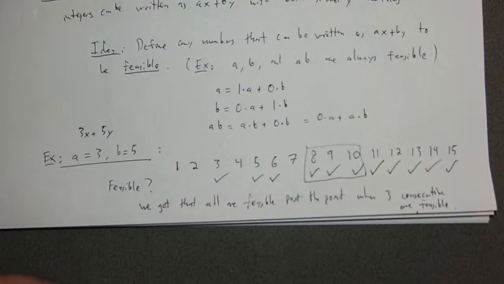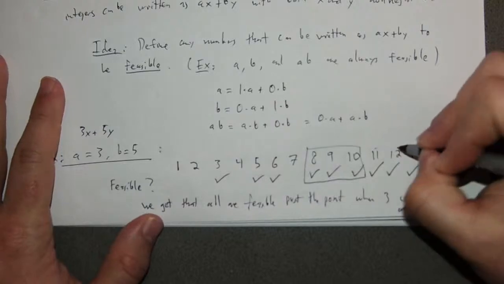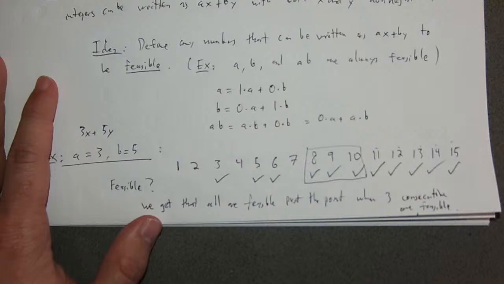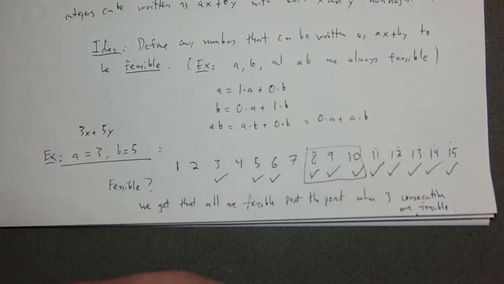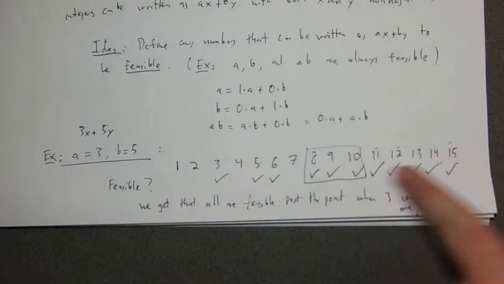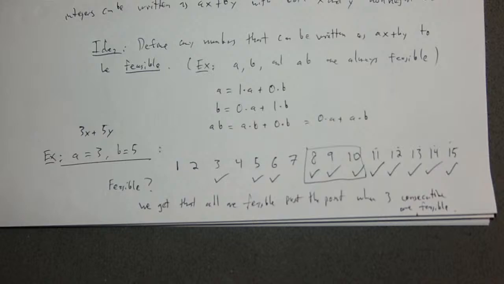So the idea is that every number past this point differs from one of these by a multiple of 3. Okay. And so in order to get, say, any of these as the linear combination in question, all you have to do is just add enough 3-cent stamps to get the amount that you want, right? So the example it gives is like 92.